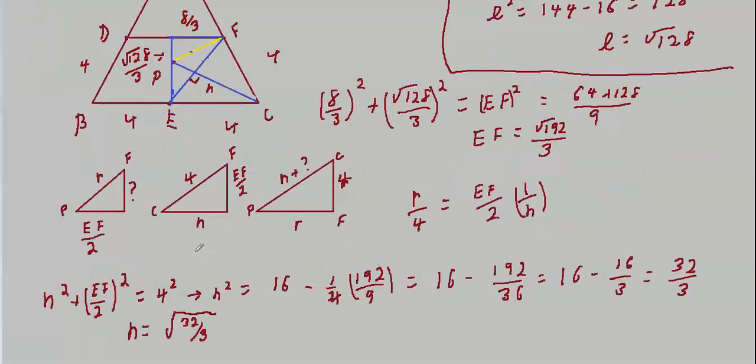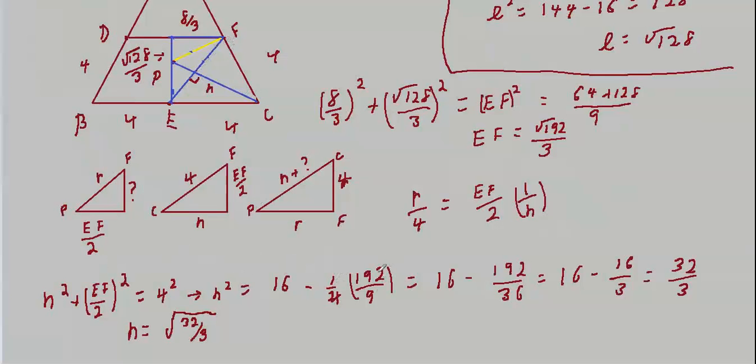Well, if we do a little arithmetic here, we've got N squared right here, plus half of EF squared equals 4 squared. That's laid out right here, or with some rearranging, N squared equals 16 minus 1/4, that's 1/2 squared, times 192 over 9.